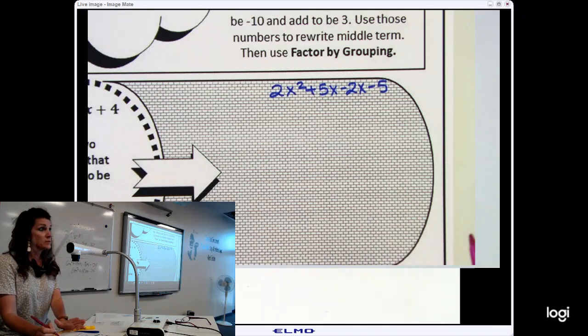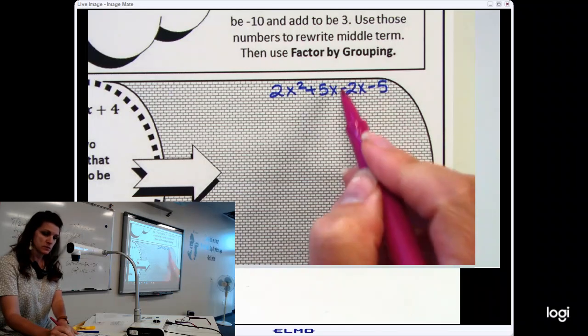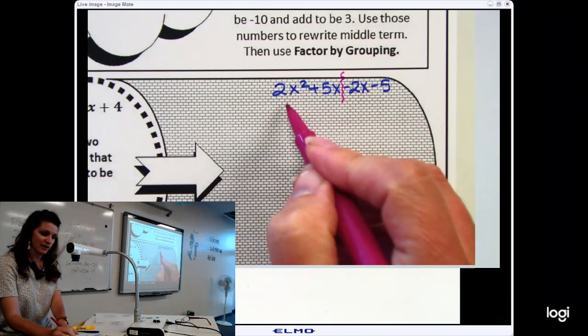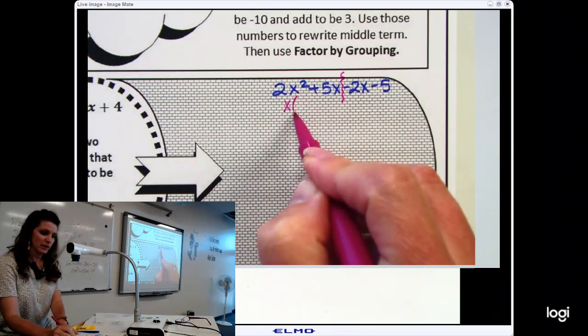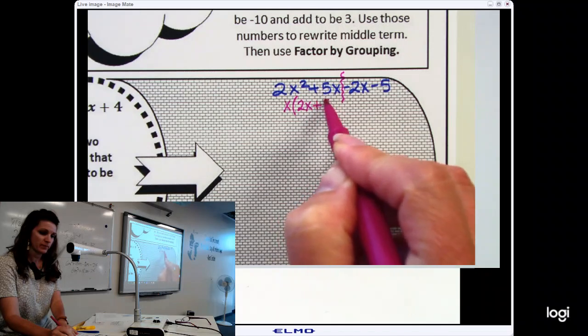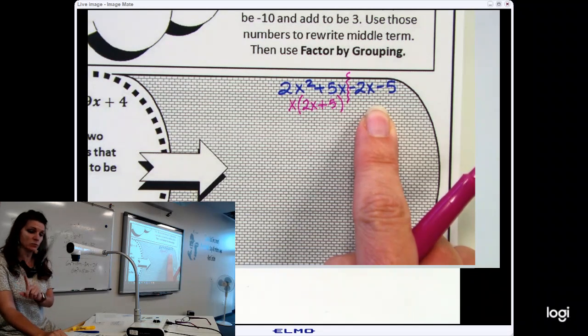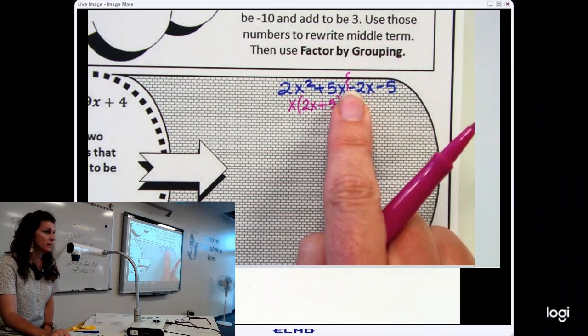Now that I have 4 pieces, what am I going to do? Split it down the middle. Greatest common factor on the left, x. I would be left with 2x plus 5. What's my greatest common factor on the right? It's 1. It is 1, but because that guy's negative, what kind of 1 am I going to factor out?